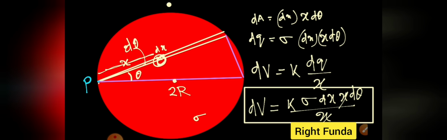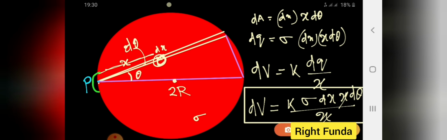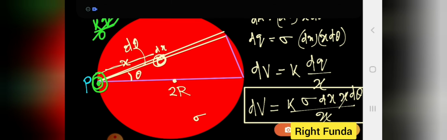The second thing is, is it right to calculate the field at this point on the surface? No, because there is a charge present here, and because of this charge on itself, the potential is undefined. For that charge, kq by 0 will be undefined.